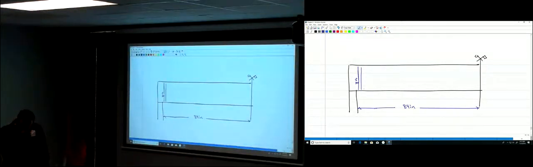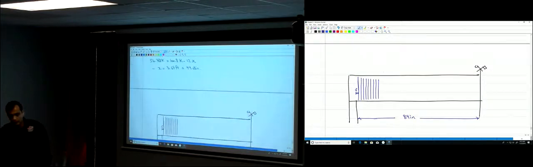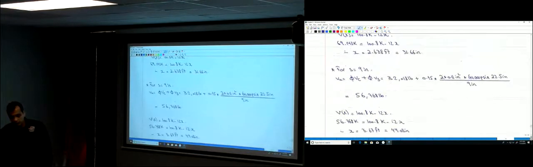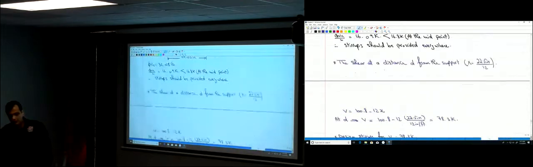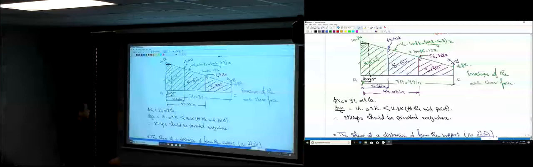So how much is the total distance from the face of the column now? 6, 10, 14, 18, 22, 26, 30, 34. Right? So at 34, that's larger than this 31.